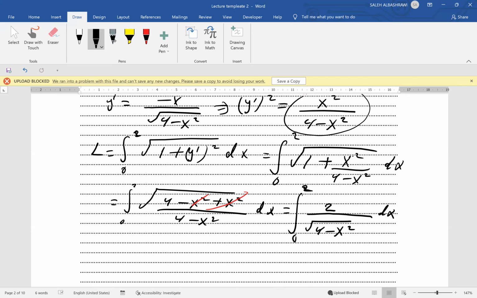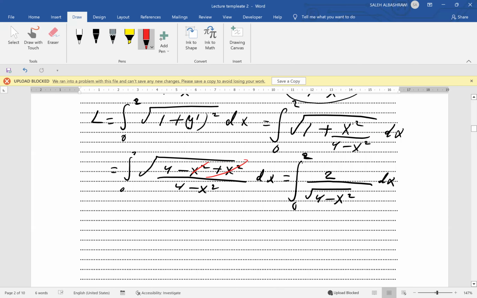Now by using the trigonometric substitution, we can let x be 2 sine theta. So dx will be 2 cosine theta d theta.